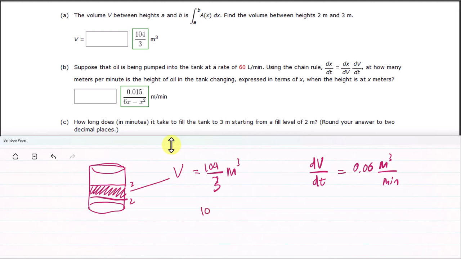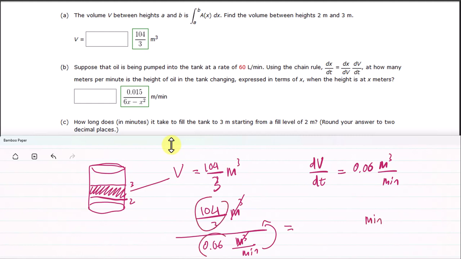So we just have to divide them to get the time. We take 104 over 3, the total volume from 2 to 3 meters, and divide by 0.06 cubic meters per minute. That cancels the cubic meters and leaves minutes.